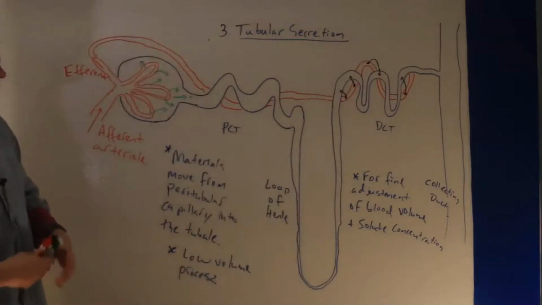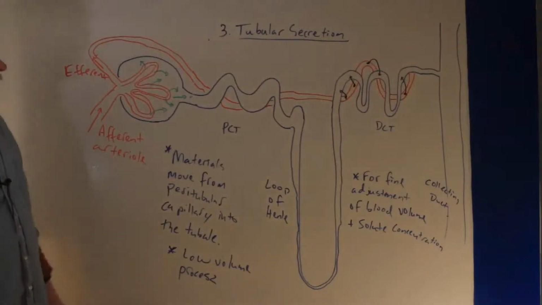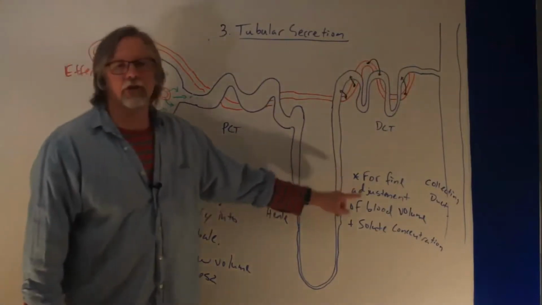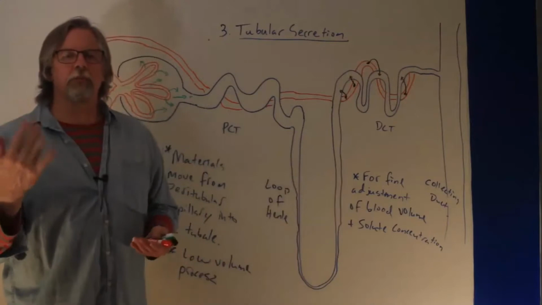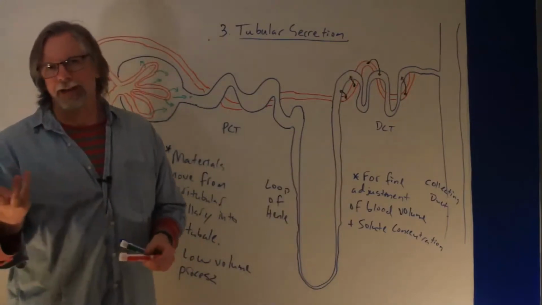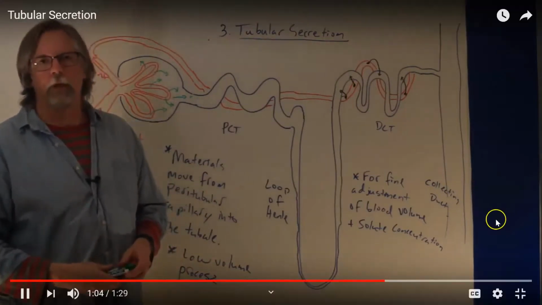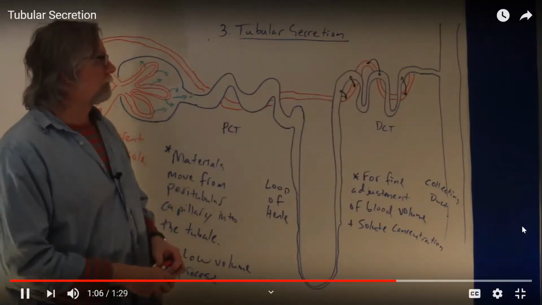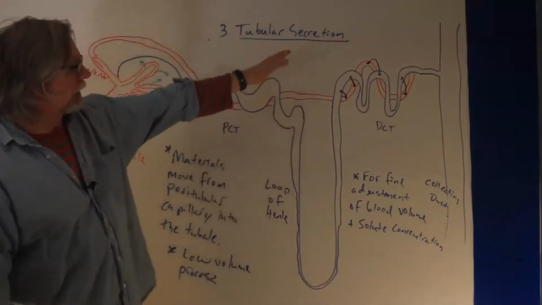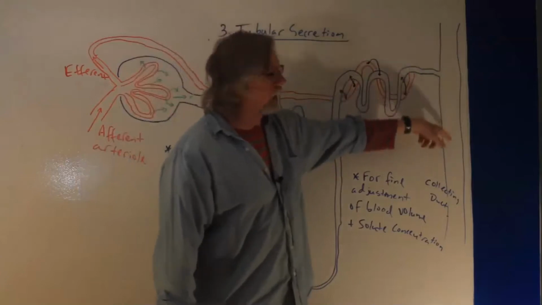Tubular secretion, unlike the other two processes, is a relatively low volume process. This happens to kind of adjust, fine adjustment of blood volume and solute concentration, and also acid-base adjustment to the blood. So that process is mostly happening in the distal convoluted tubule and also somewhat in the collecting duct.